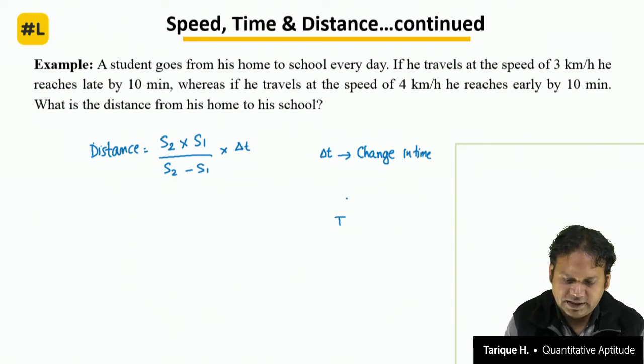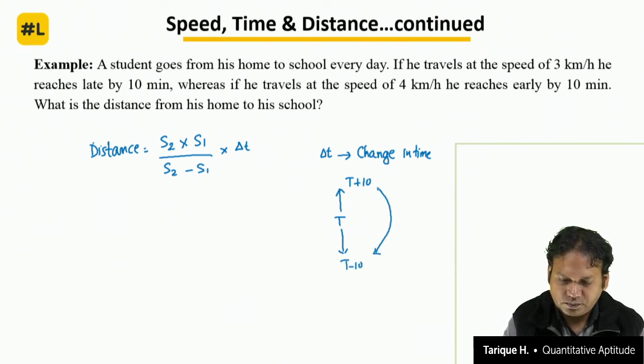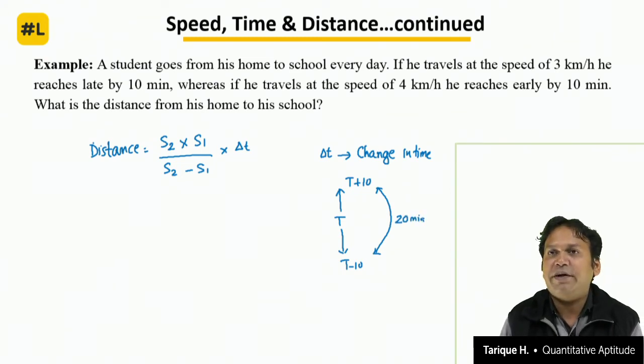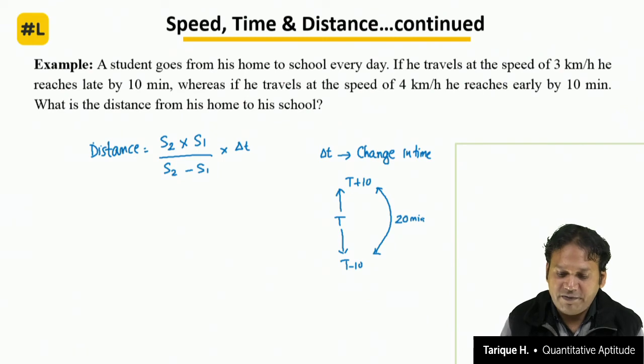If we take t as the time, see how much more it is, t plus 10, 10 minutes extra. How much early? T minus 10. So the difference between these two will be how much? 20 minutes. Let's say you have to reach somewhere at 8 o'clock and you reach 10 minutes late, you will be reaching at 8:10. 10 minutes early, 7:50. So the gap between 8:10 and 7:50 is 20 minutes.